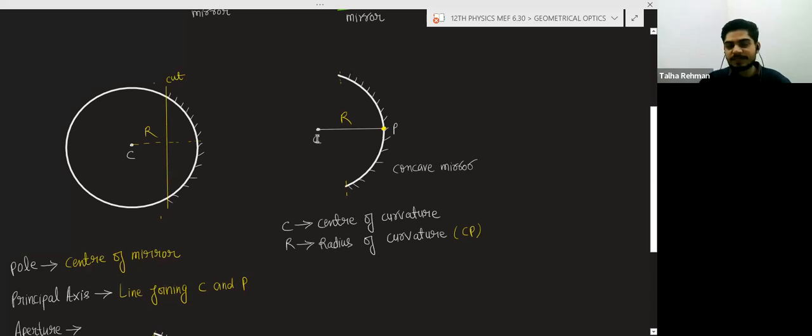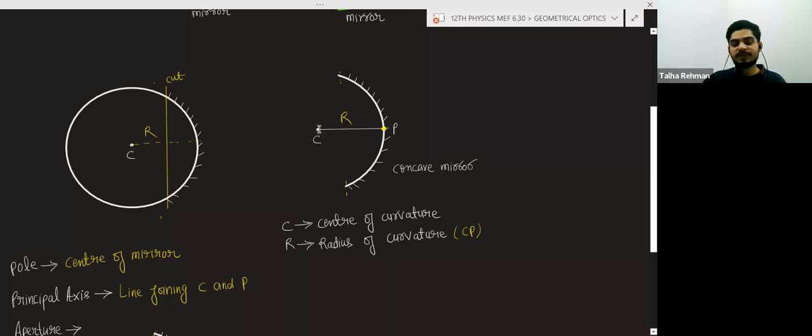I think I have told you what the center of curvature is. It is the center of the sphere from which this concave mirror is made. You have cut it out from a sphere, so the center of the sphere is the center of curvature.